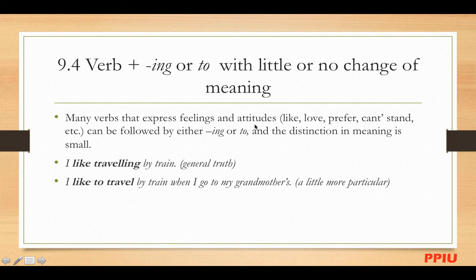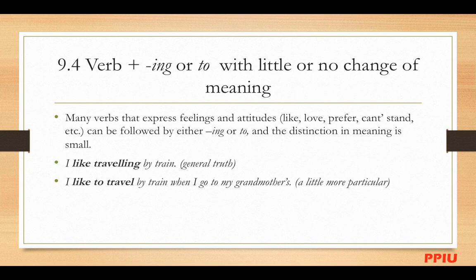We can also use these with both the infinitive or gerund, and there is little or no change of meaning. For example, I like doing homework, or I like to do homework, or I love swimming, or I love to swim. So the meaning is still the same, or there's not much difference.